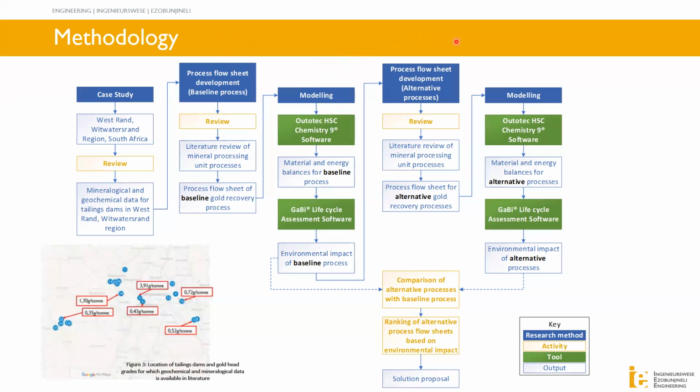and it was based on a different technology, of which after assessing different existing technologies, thiosulfate was selected because the technology is currently operational. So we also wanted to identify opportunities to further reduce environmental impacts.